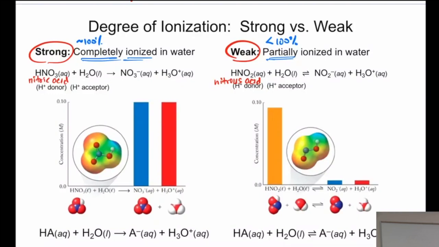Now, as diagrammed, nitric acid will dissociate 100%. So here we have an arrow. This reaction goes virtually to completion. Okay, so we have an arrow that goes from the left to the right. And it dissociates into its ions. The nitrate ion, polyatomic ion, and the hydronium ion.